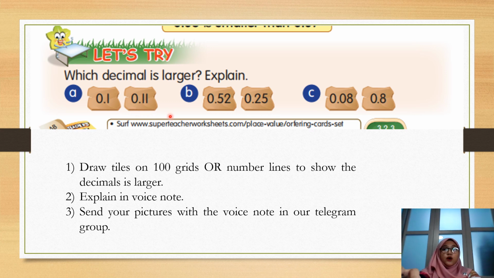You may draw 100 grids, or you may draw number lines. And then tell me which one is larger. Explain it in voice note. Send your pictures with the voice note in our Telegram group.